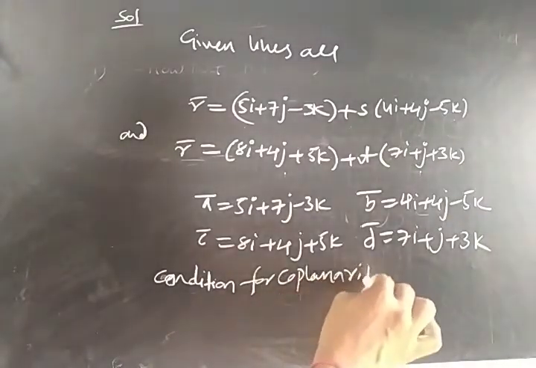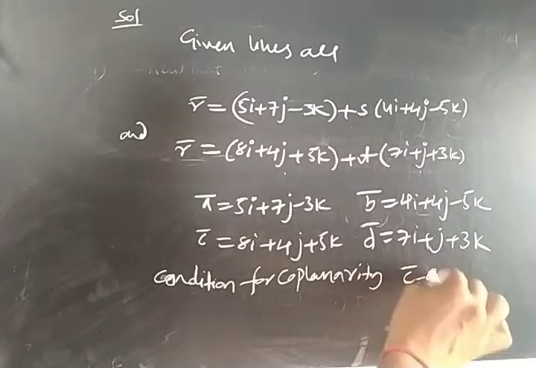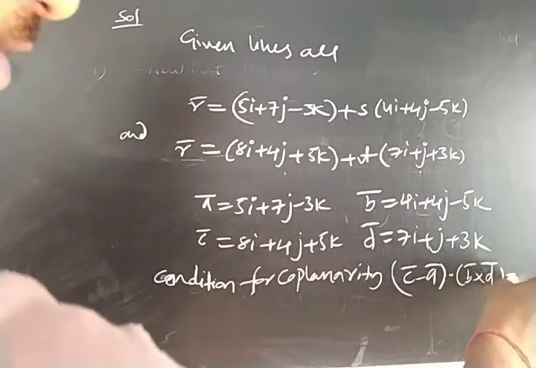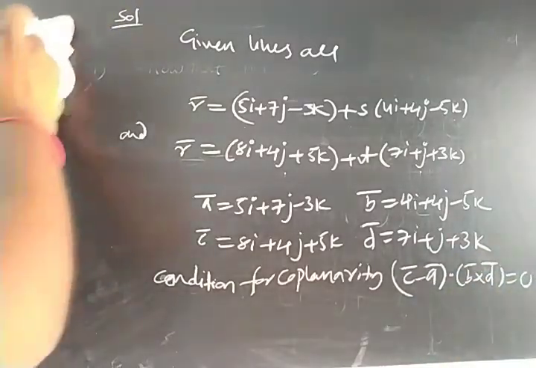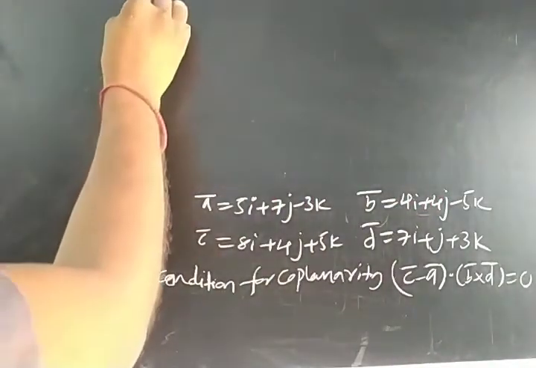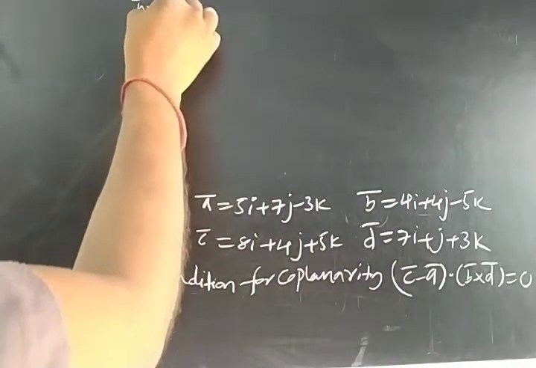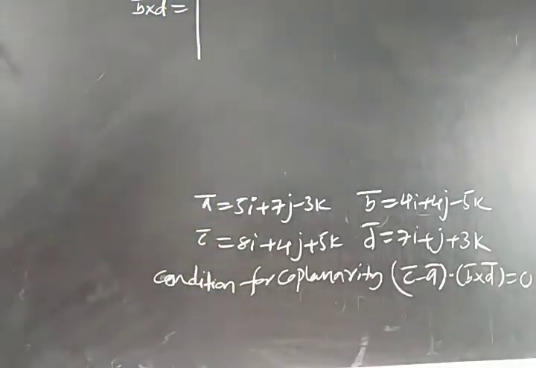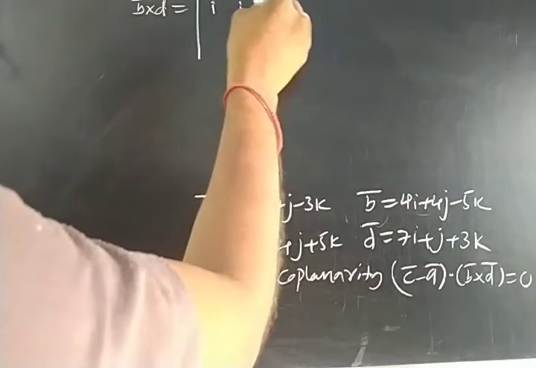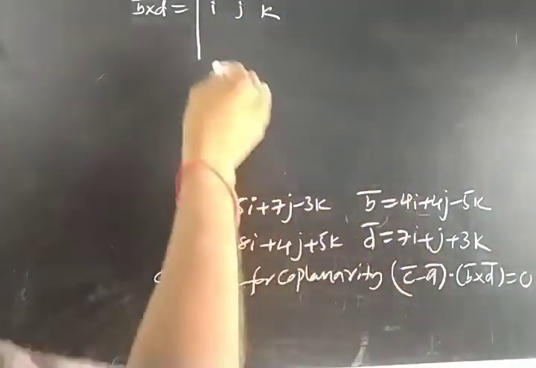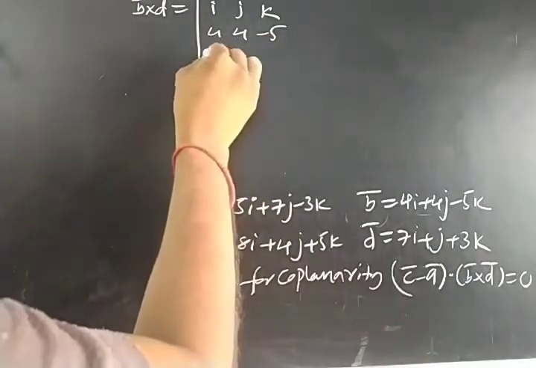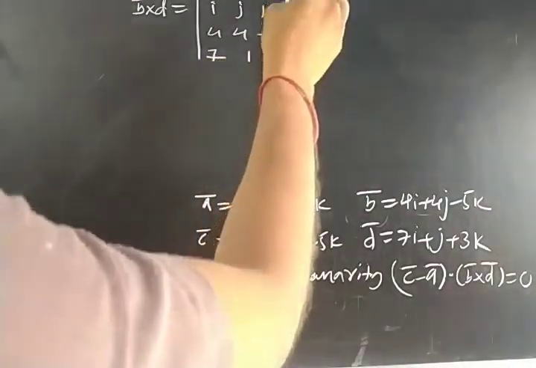What is the condition? (c bar minus a bar) dot (b bar cross d bar) should be equal to 0. So I am going to find b bar cross d bar and c bar minus a bar. Now b bar cross d bar. How to find b bar cross d bar? By taking the components of b bar and d bar. B bar components 4, 4, minus 5. D bar components 7, 1, 3.